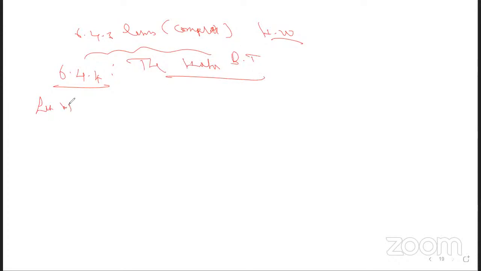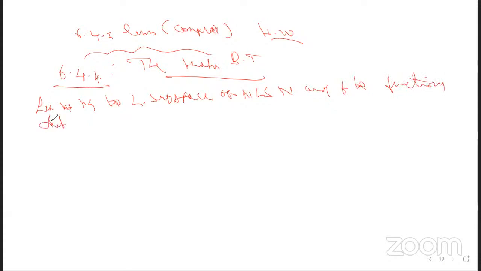Let capital M be a linear subspace of a normed linear space N, and let f be a functional defined on M, then f can be extended to a functional f naught.